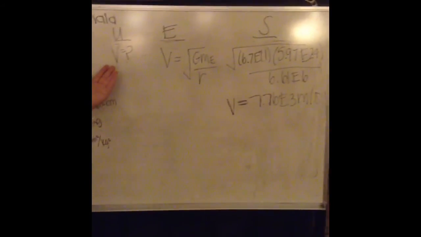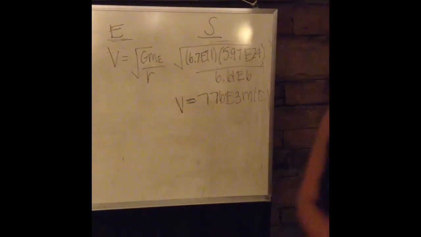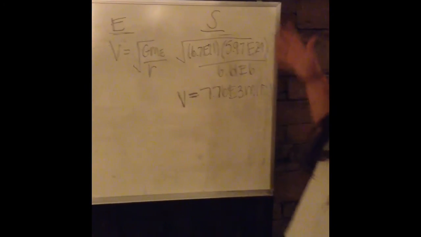Your unknown is velocity because it's asking for the speed. You plug it into this equation that Miss McDonald just gave us. Plug, and you get 7.6 times 10 to the 30th.